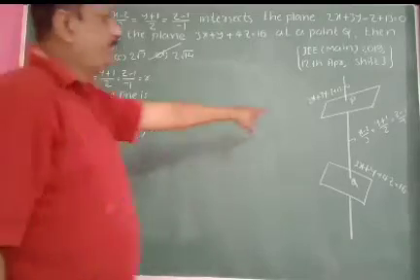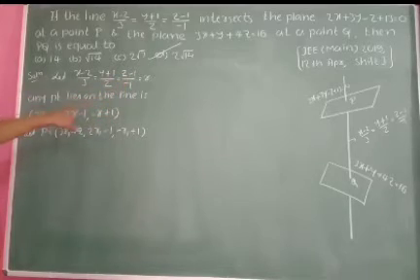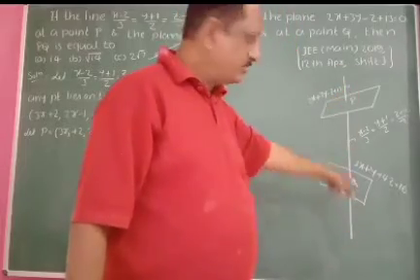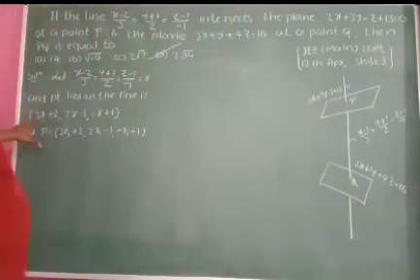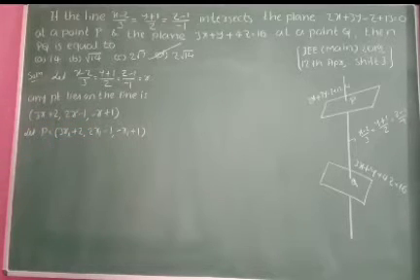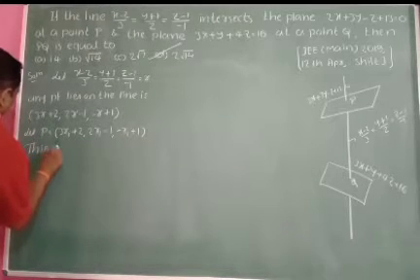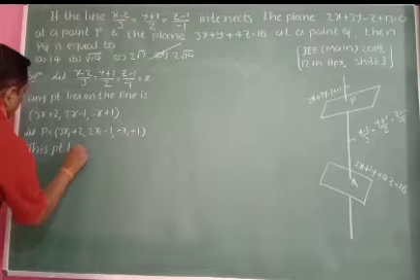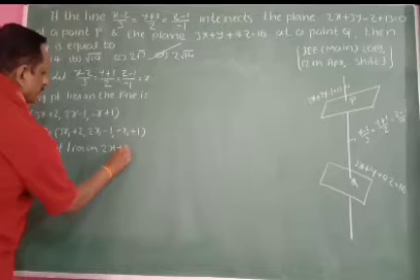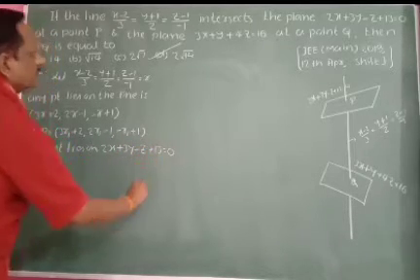At the point P, take r as r1, because different values of r give different points of that line. So the point is (3r1 plus 2, 2r1 minus 1, minus r1 plus 1). This point lies on the first plane, 2x plus 3y minus z plus 13 equal to 0.